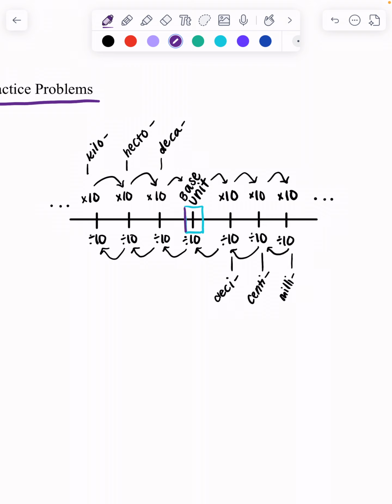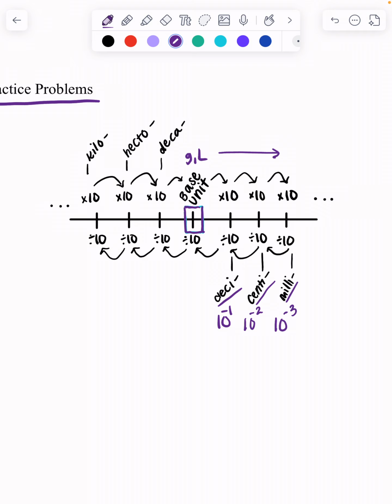Right here in the middle, this little blue box, which I'm now turning purple, is our base unit, right? This could be grams, or liters, or another type of measurement, but either way, there will be no prefix with our base unit. If we are moving to the right, we're going to hit our prefixes such as deci, which is 10 to the negative 1, and then centi, 10 to the negative 2, and finally milli, which is 10 to the negative 3.